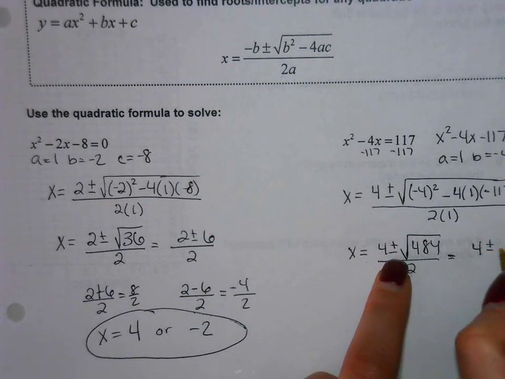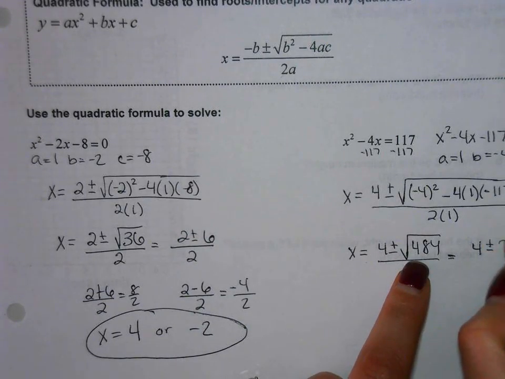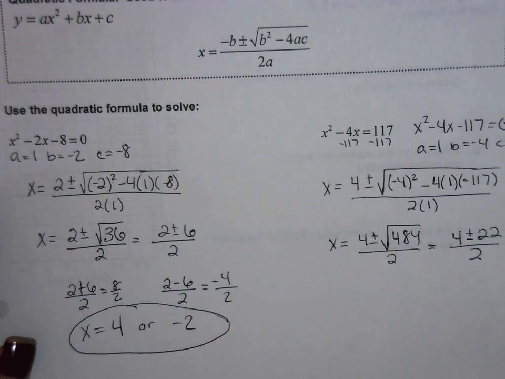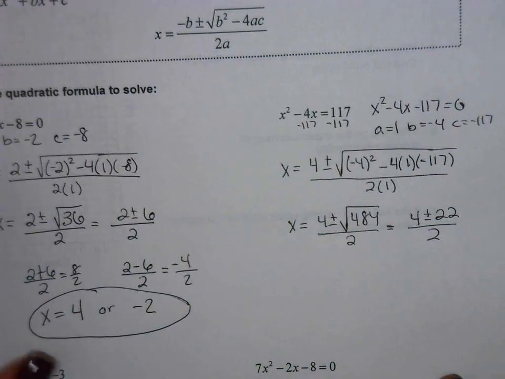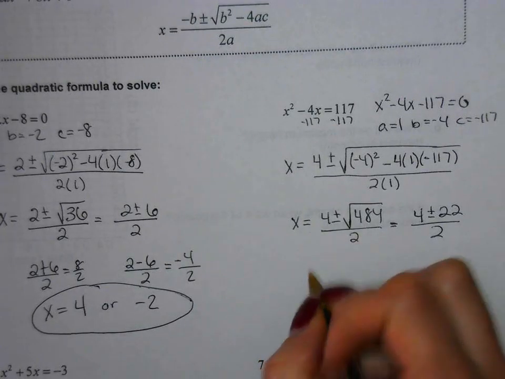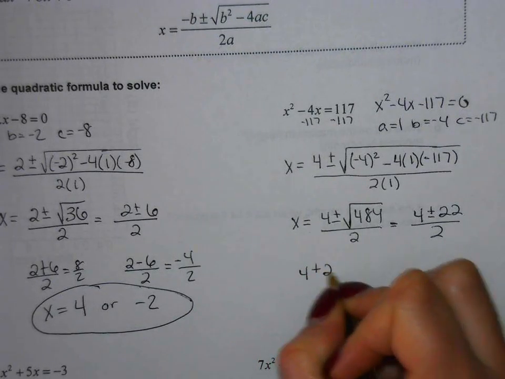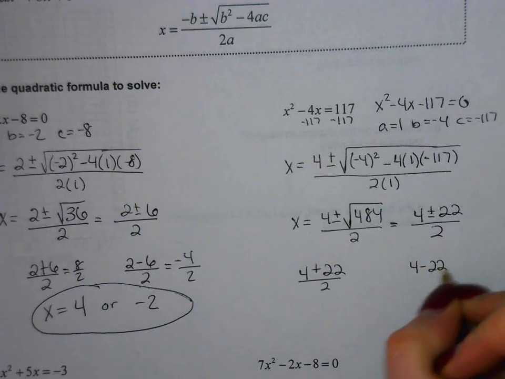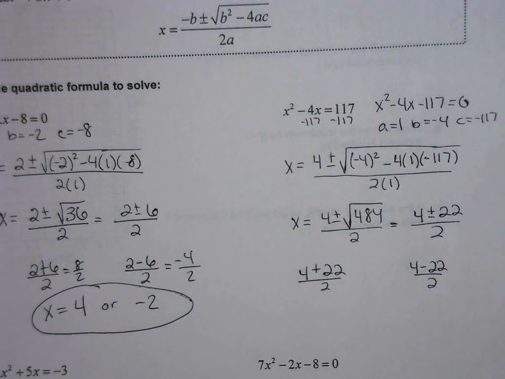So we have 4 plus or minus the square root of 484, which is 22, divided by 2. Then we can take 4 plus 22, divide by 2, and 4 minus 22, and divide that by 2.